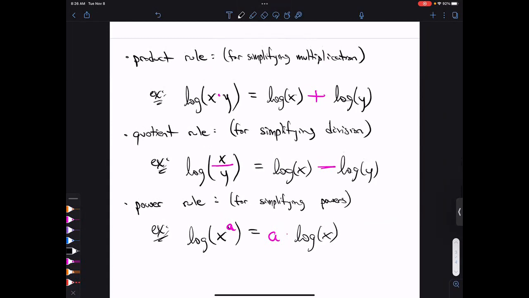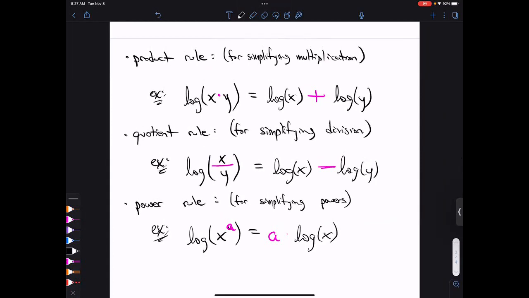Think of this like a whole number, like it's x squared. Well, x squared just means x times x. And if it's x times x, then it's the log of x plus the log of x. But I can just combine that into two of them and I'd write it as 2 times the log of x. This just says that that works no matter what the power is, whether you can think of it as a whole number of them or not.